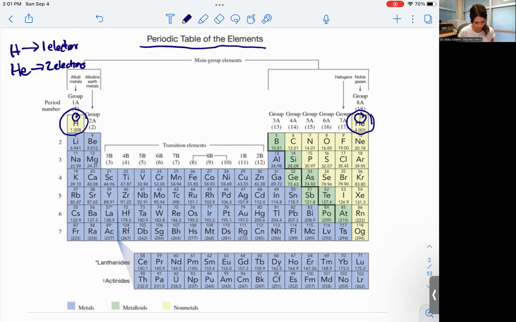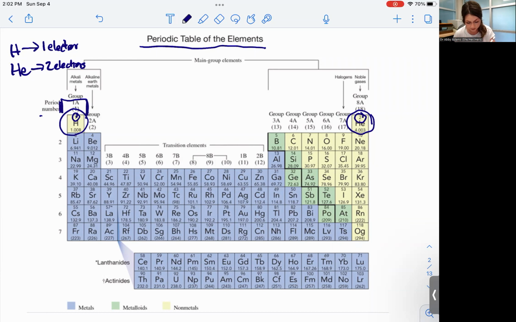Okay, so if we think about it this way, we know that elements that are going to appear in this first group have one electron, all right?